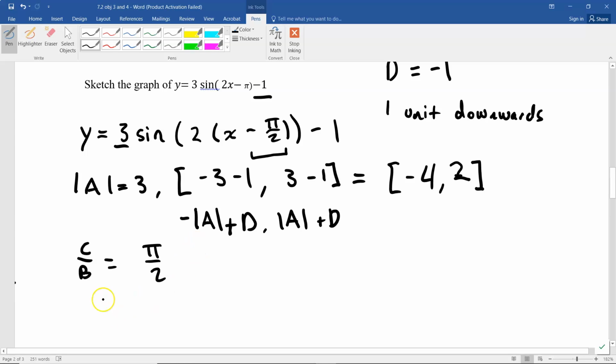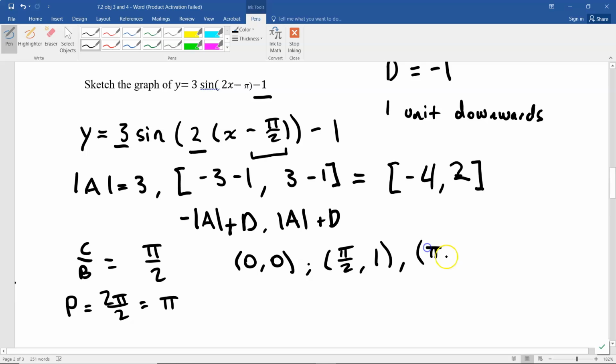And our period for this graph is going to be 2 pi divided by 2, so our period is just pi. All right, so typically for a positive sine graph, the first point is going to be 0, 0. Our second one is going to be pi over 2, 1.